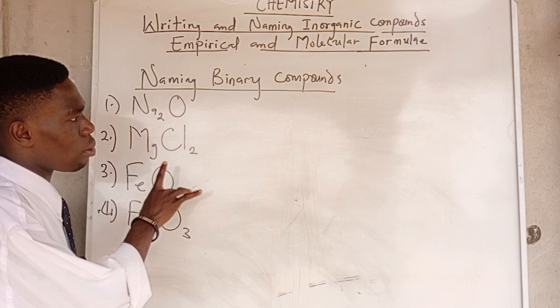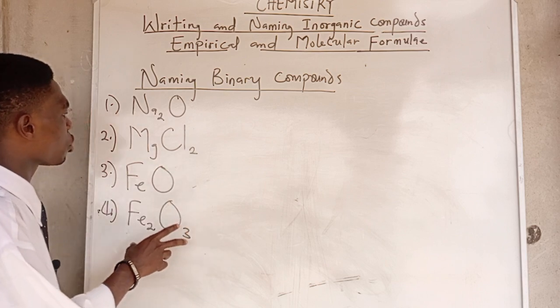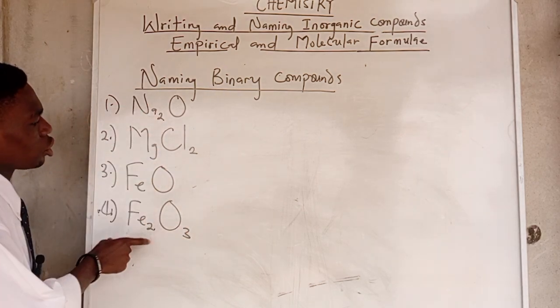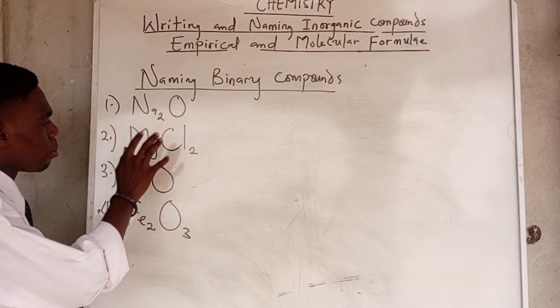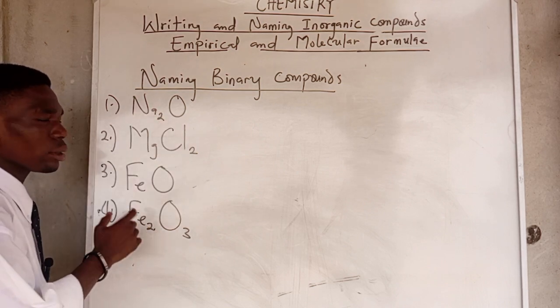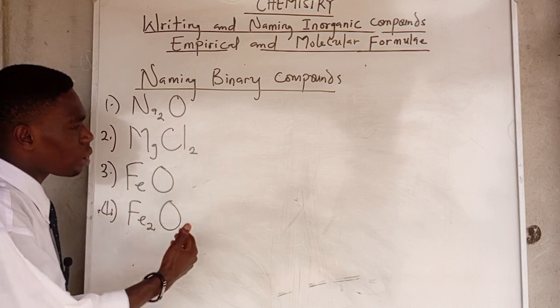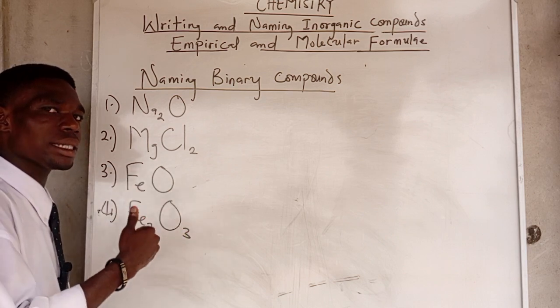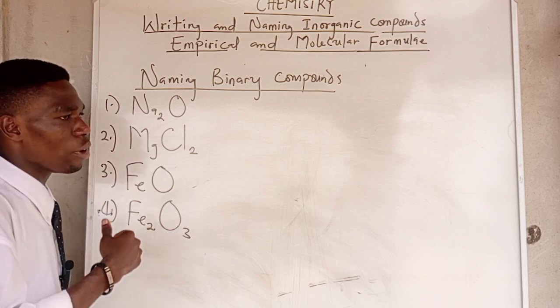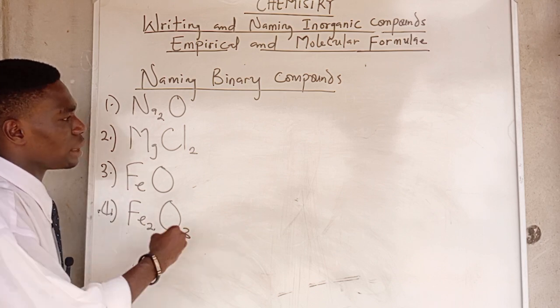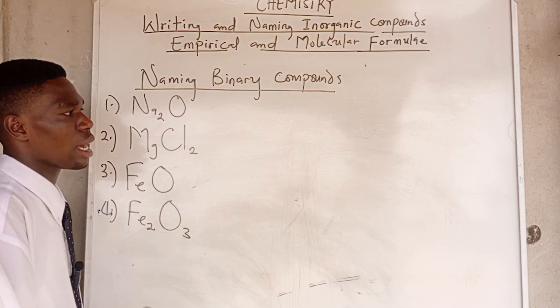You just need to look at the compound you are given and then make sure that the first element you retain its name. Like sodium will be sodium, magnesium will be magnesium, iron will be iron. Are we together now? But then the second element, you are going to add the suffix IDE to it. You remove about 3 of the letters or so, and then you add the suffix IDE.